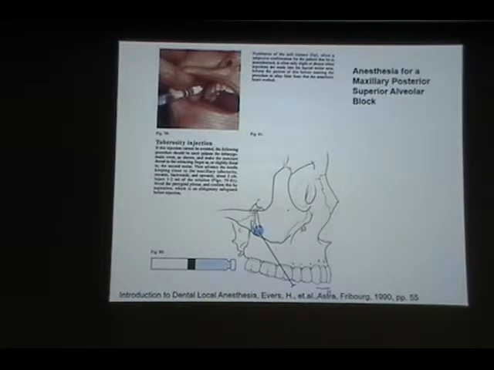Obviously this one is above the third molar over here. So angling, in this case, what the operator did is they injected a little bit farther back, okay? So how would we do that, okay?